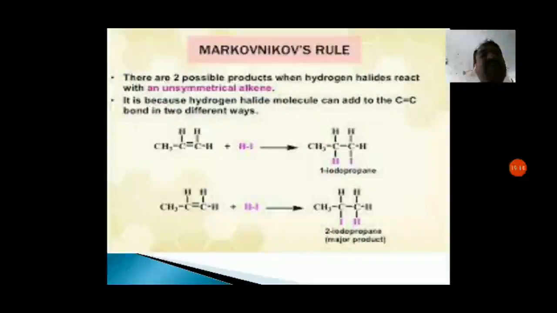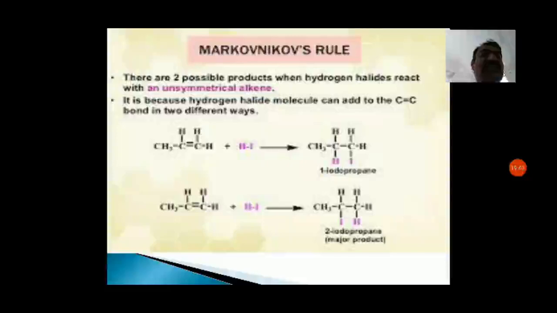So in case of 1-propene, when we treat this with hydrogen halide, that is HI, we will get two products. The hydrogen may get attached to the left hand side carbon atom, or it may attach to the right hand side carbon atom.